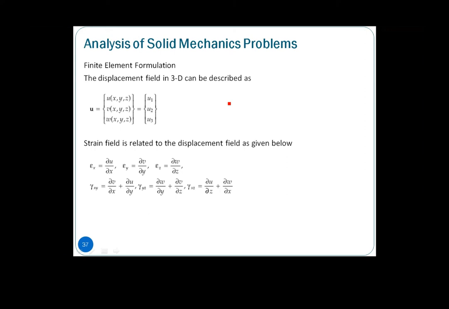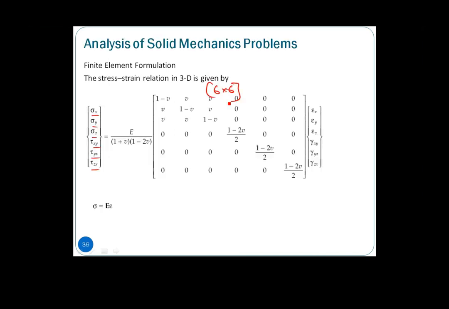Our displacement field is also the same, U1, U2, U3, basically represented by U, V and W, U in the X direction, V in Y, and W in Z. Basically, we are in three-dimensional, not only UV, but UVW.